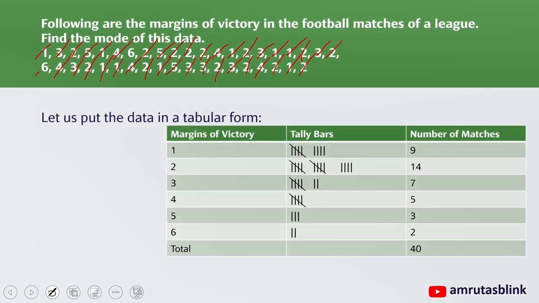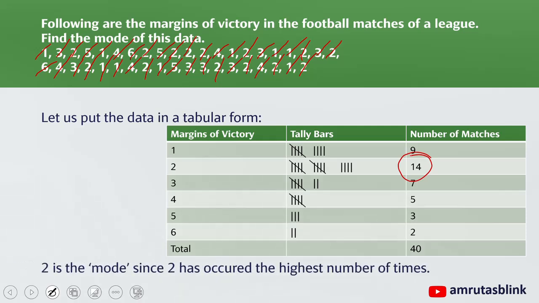Then 6 is just 2 times. So if you observe, for margin of victory 1, we have number of matches 9. For 2 it is 14. For 3 it is 7. For 4 it's 5. For 5 it's 3. For 6 it's 2. So the maximum number of matches is 14, which is for 2. Hence we can say 2 is the mode, since 2 has occurred the highest number of times.